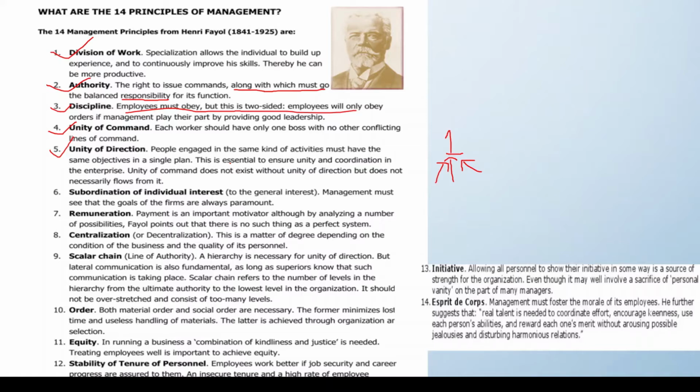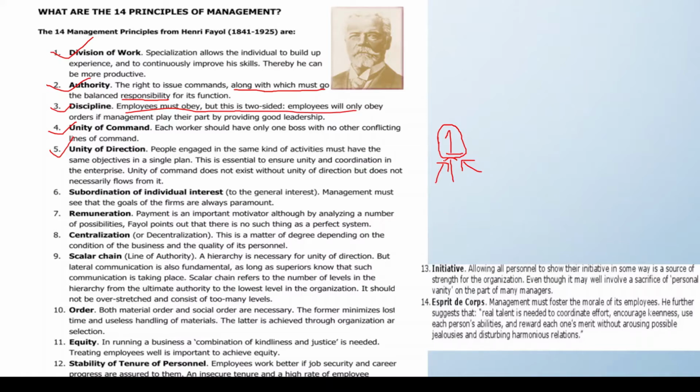Unity of command does not exist without unity of direction, but does not necessarily flow from it. What it says is you follow the direction. Only one project 1 is there. We have to achieve the target for project 1, and all the individuals are giving their inputs towards achieving the same objective.